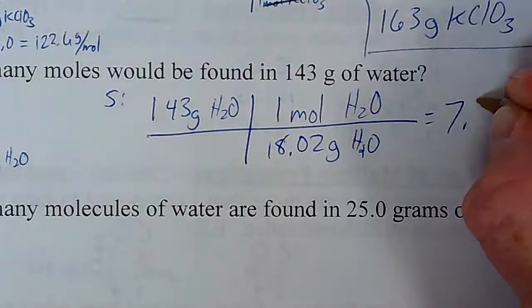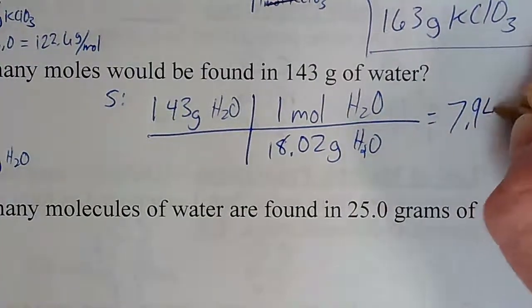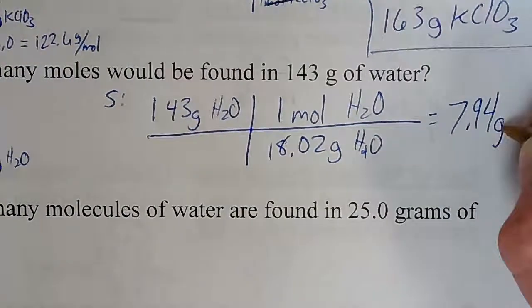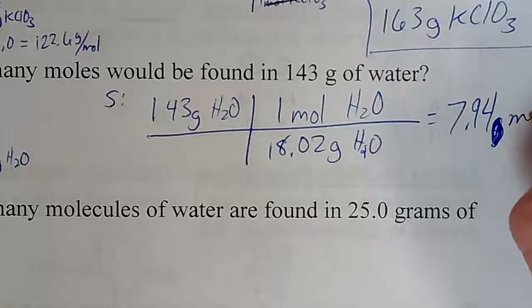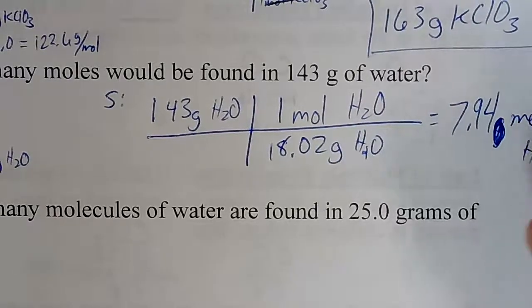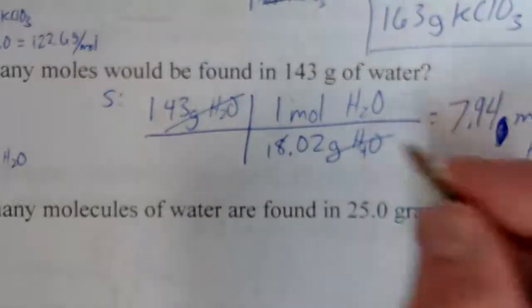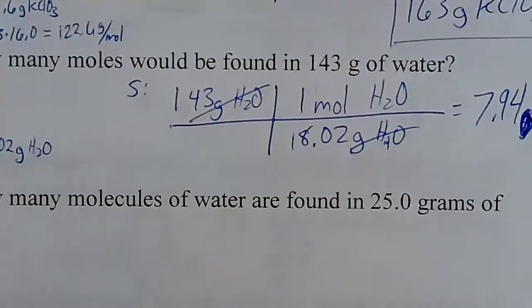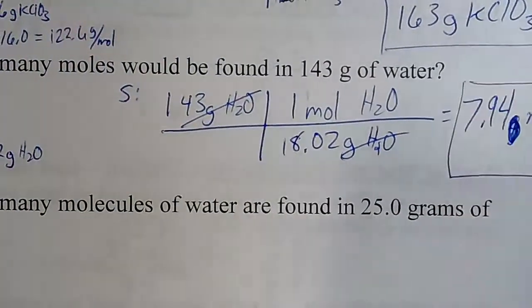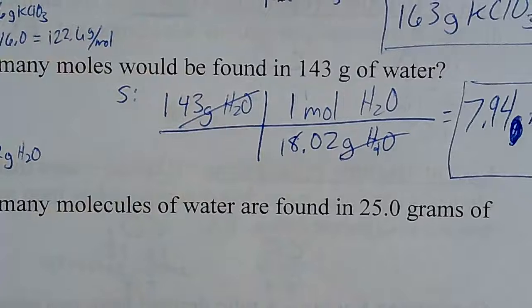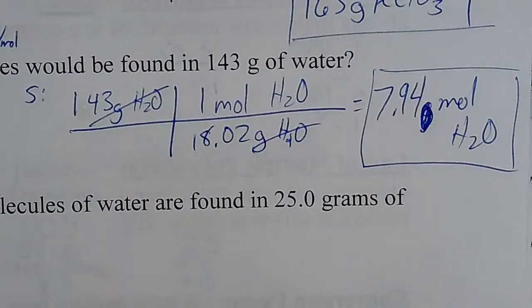Can anybody else confirm that? 7.94? Okay, cool. Oh, that's not grams, that's moles. All right, yep, grams canceled out, left was moles. I'm going to box the answer in so everybody knows that that is the intended answer there.